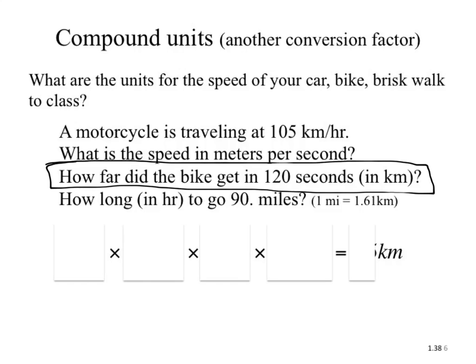We are given that it's moving at 105 kilometers per hour, and we are given 120 seconds. You would need to know the speed it's going at to answer this.